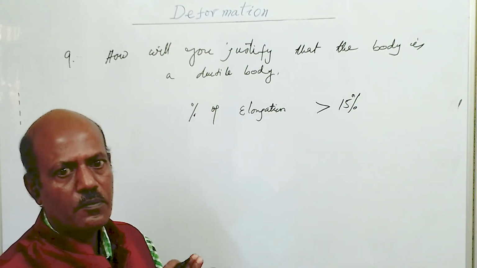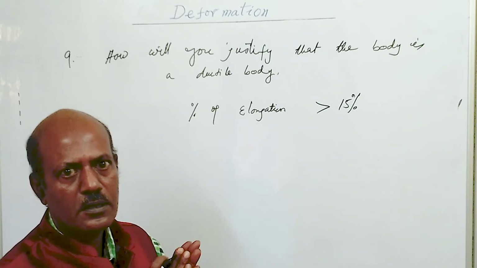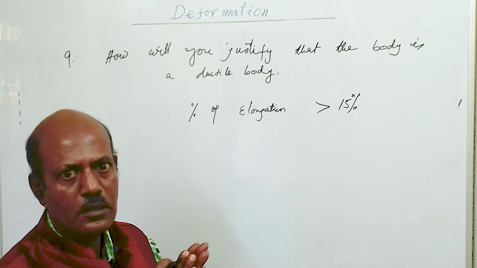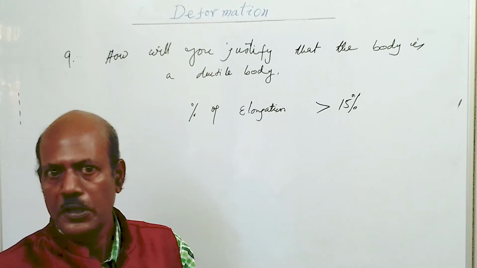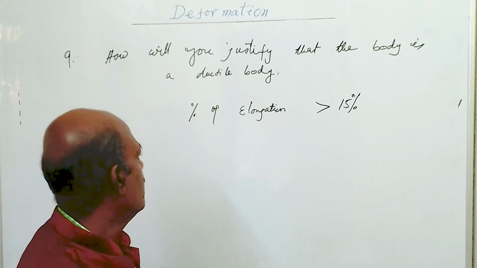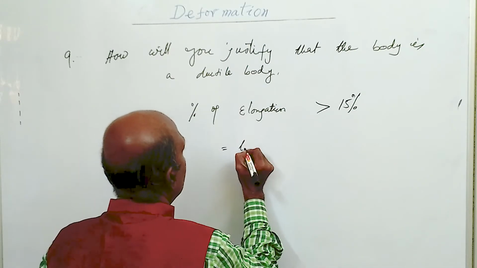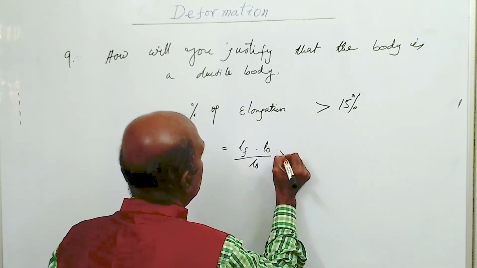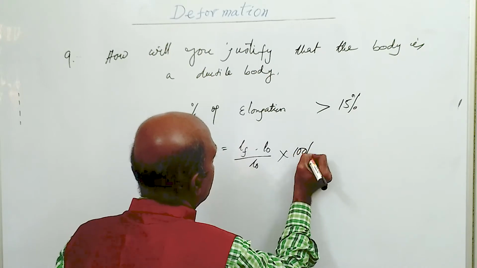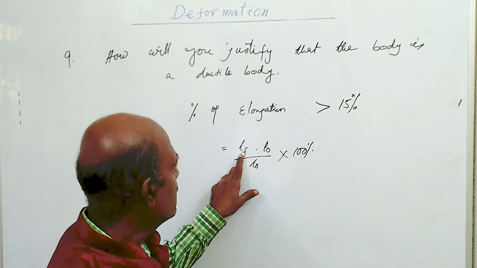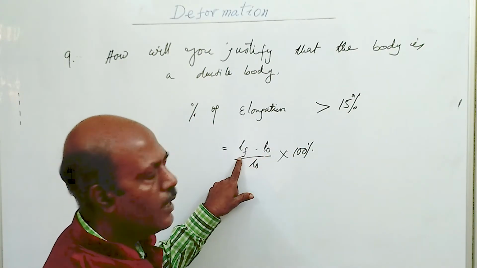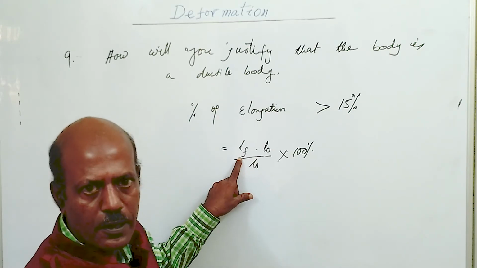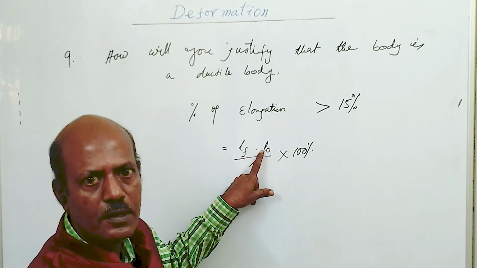So that means a ductile body shows a large deformation before failure in the stress strain curve. The percentage of elongation is given by LF minus LO by LO into 100%. Let LF be the length at the failure point and LO the original length of the body.